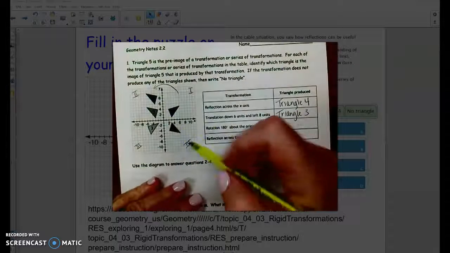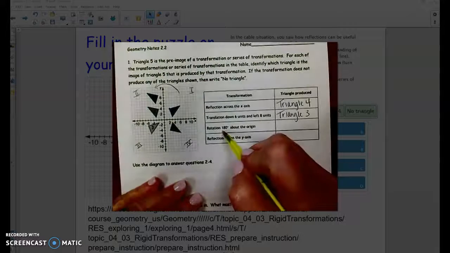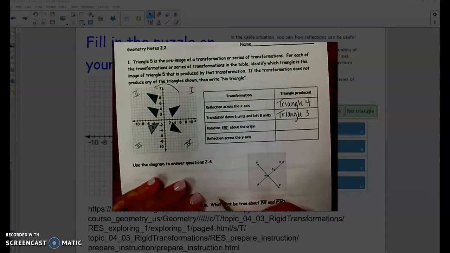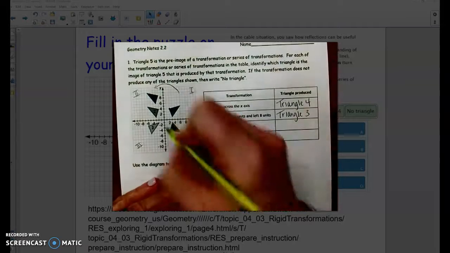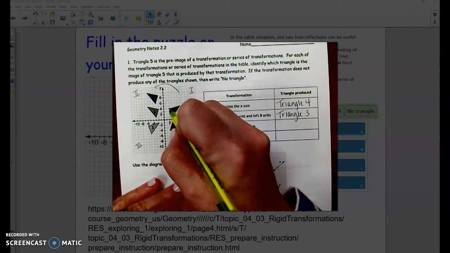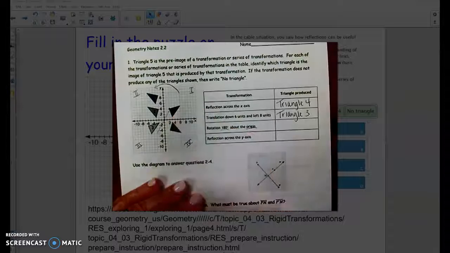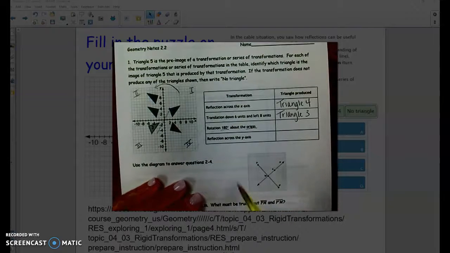And so we can think about this point right here. A 180 degree angle is a straight line. So with the origin and the new point for that point right there, so that's my pre-image, my image would have to be in a line with the origin on this other side. And you can see we don't have a point in a straight line from that vertex.